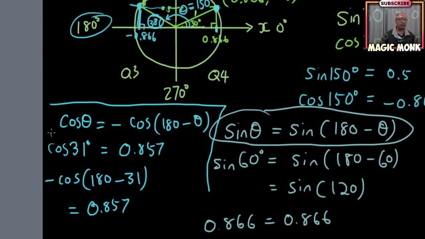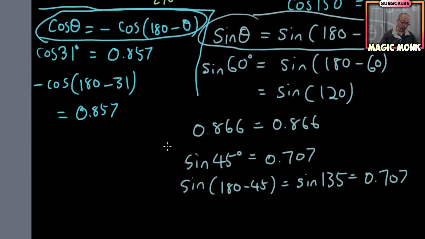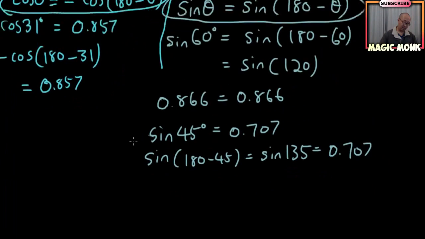So yeah, this is another rule that I'm going to make up for cosine. So yeah, that's basically sine and cos for the second quadrant.